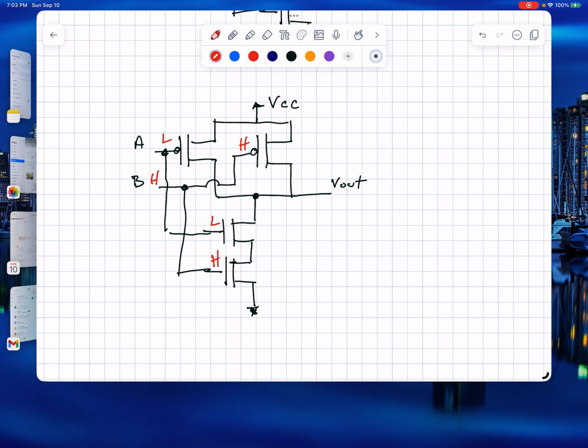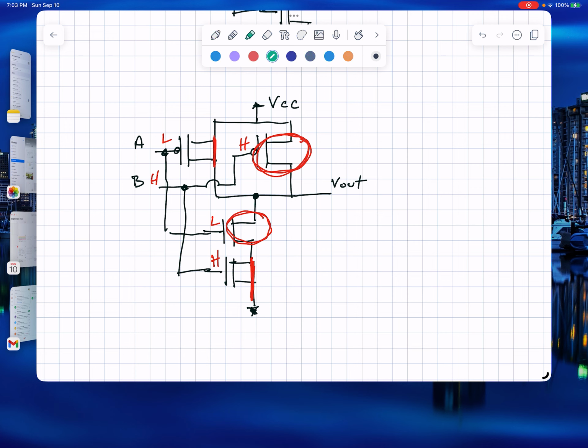I can tell based on the inputs to the transistors whether the transistor is on or off. In this first case here, it's on. In this case, it's off, so I draw a circle indicating an open circuit. If it's low here and there's no bubble, this means this is off. And if it's high here, it's on.